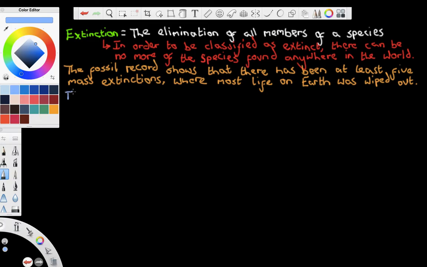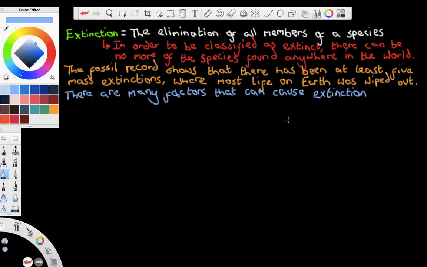So we can say that there are many factors that can cause extinction. Okay? So there are many factors that can cause extinction. The first one we're going to talk about is changes to the Earth's environment.